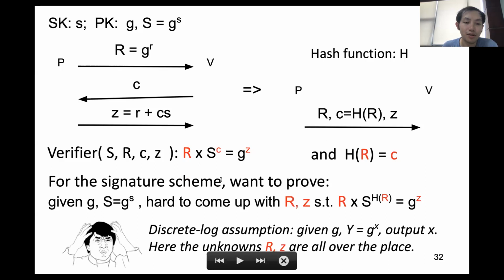For the signature scheme, we want to prove that given g and g^s equals capital S, it's hard to come up with R, Z such that R times S to the h(R), the hash of R, which is originally C but you can replace the variable by h(R), equals g^Z. So I reduced three unknowns to two. Right now, your task is to come up with R and Z such that this equation holds.